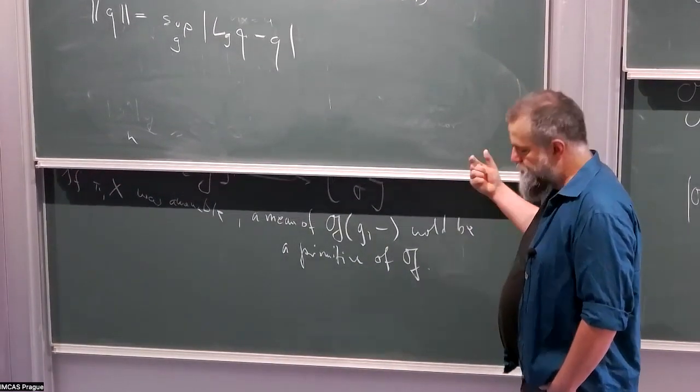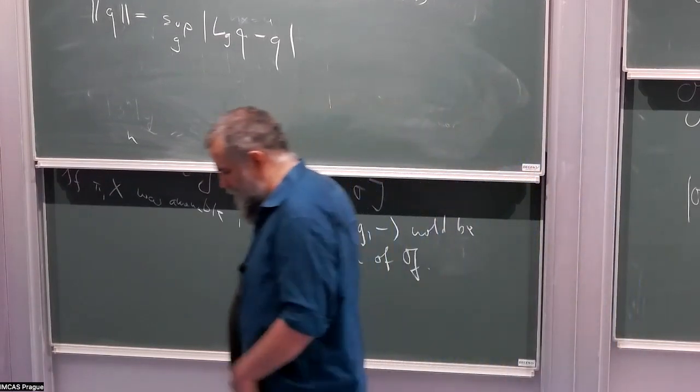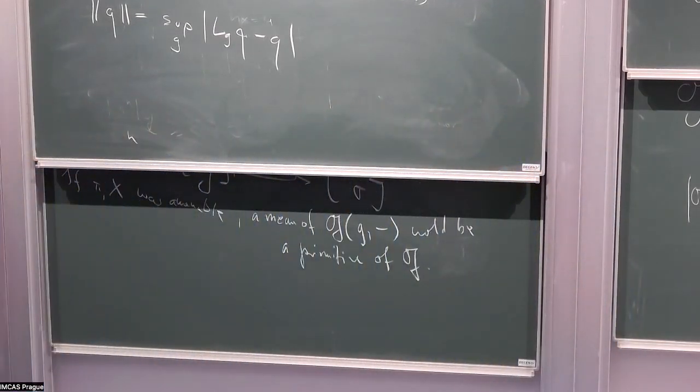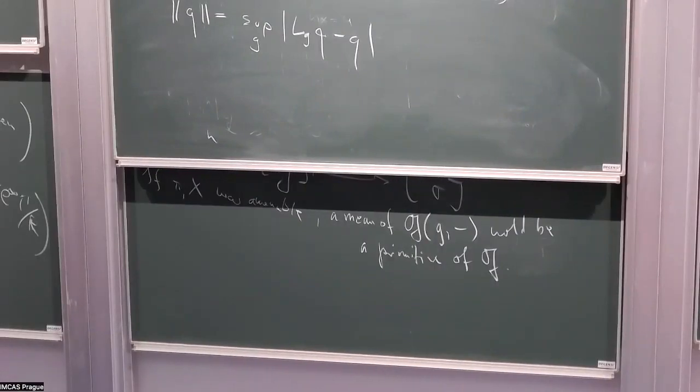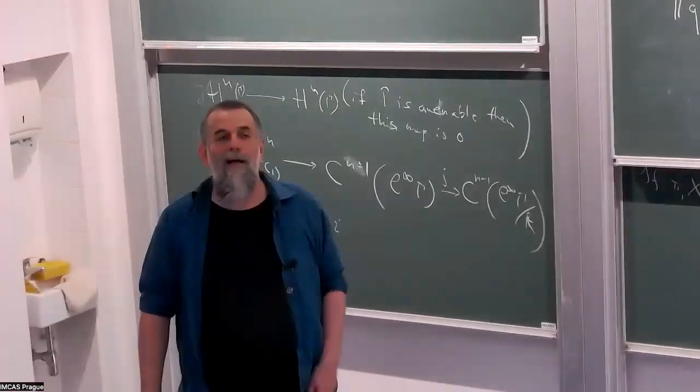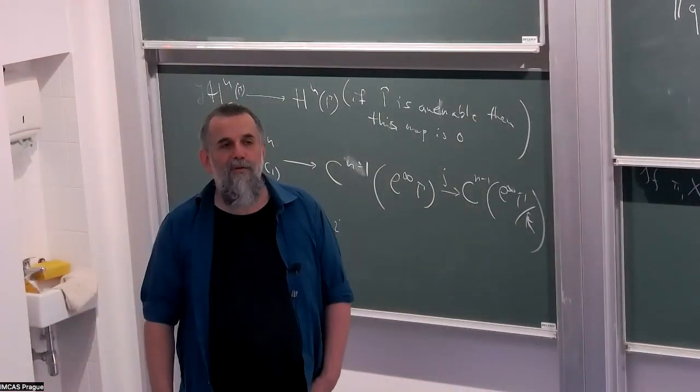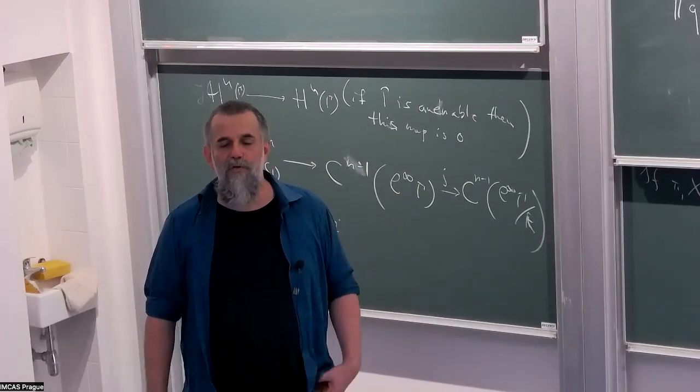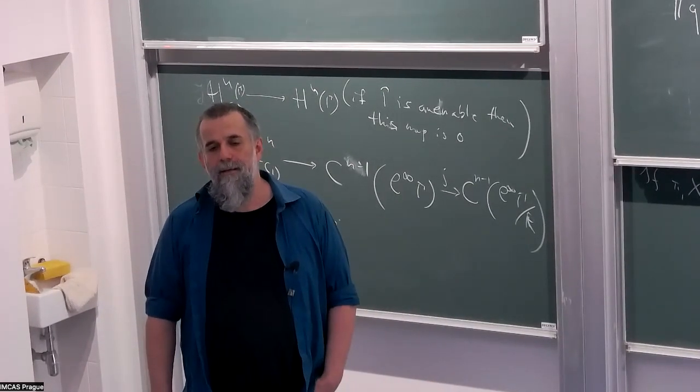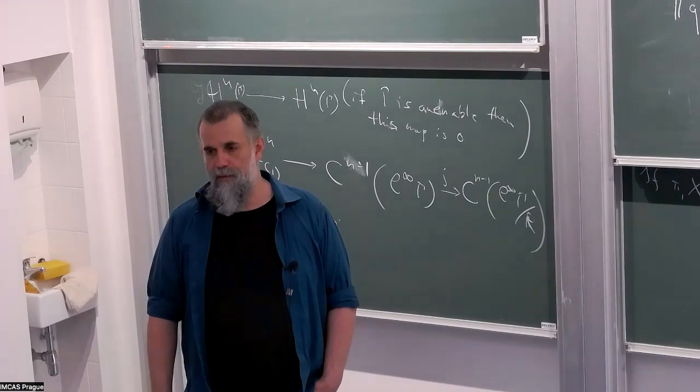My co-author had a very crazy dream, to use this to show that the Thompson group is not amenable, right?